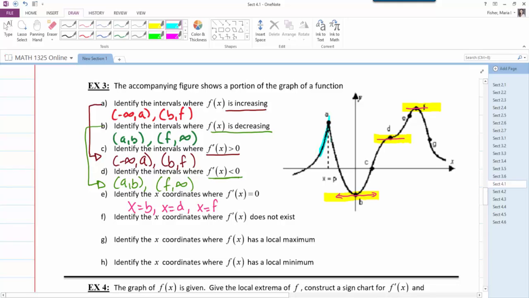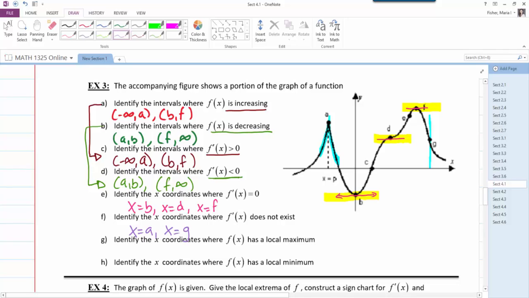Well, notice here at A, I have a cusp. That's not a vertical tangent. The tangent line to C is not vertical, nor is it to E. But here at G, I do have a vertical tangent. So I'm going to have my first derivative not existing at x equal a and at x equal g.